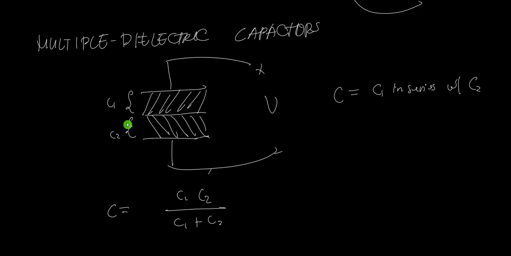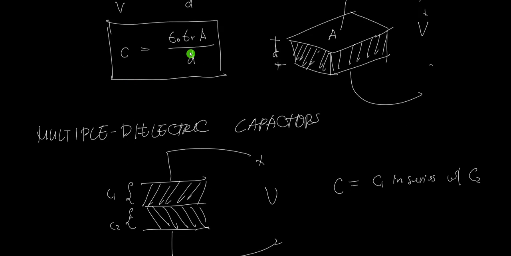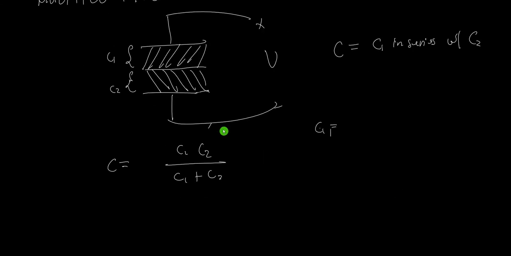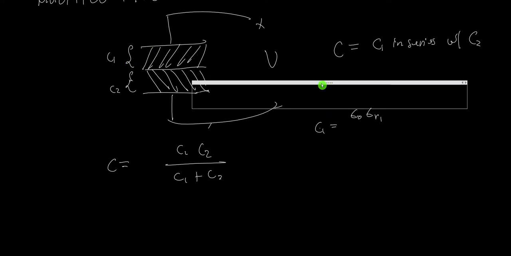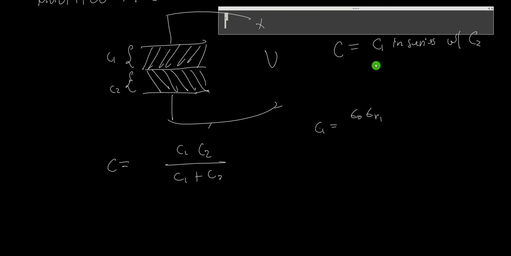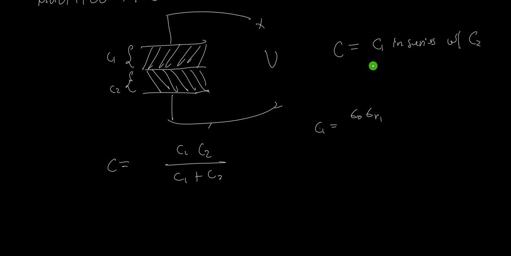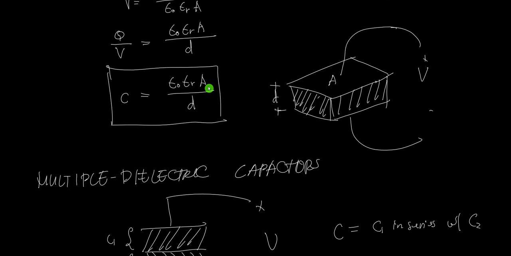And if you solve for C1, using this formula here, we can name epsilon naught, epsilon R1, because this is C1. That's the relative permittivity of this dielectric here. Next, we multiply that with the area.